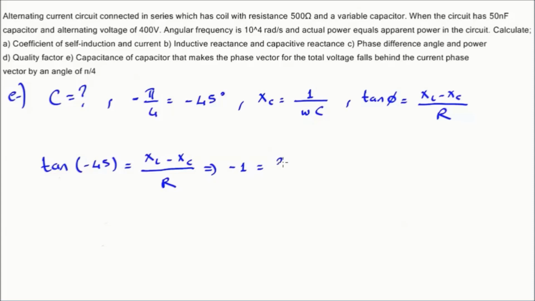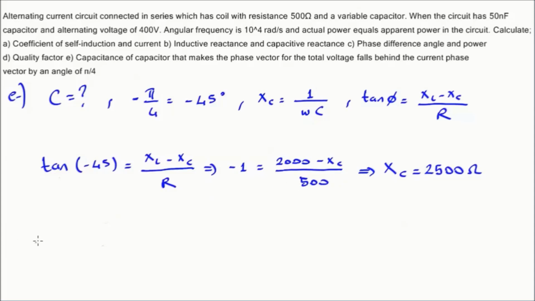XL is 2000 minus XC over R, which is 500. So XC is going to be 2500 ohm.